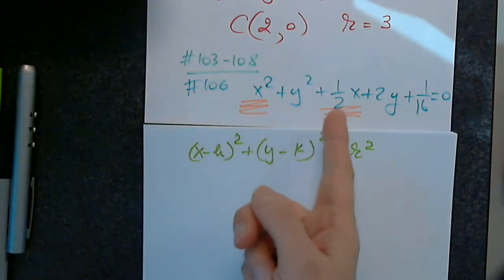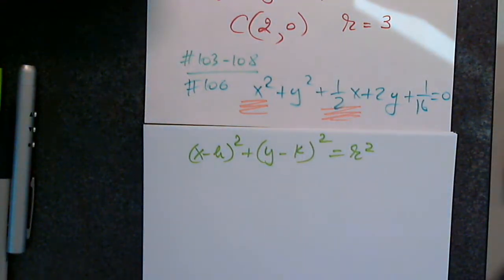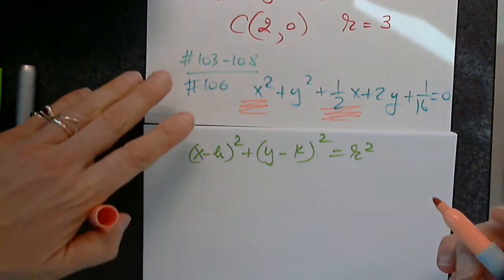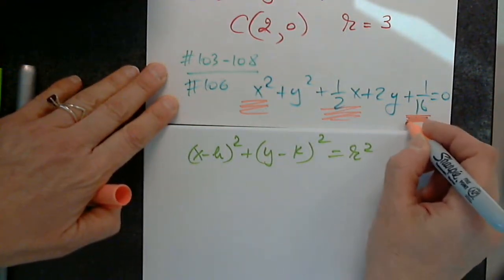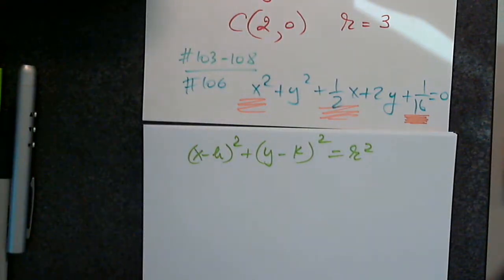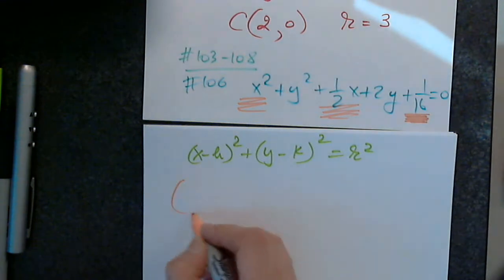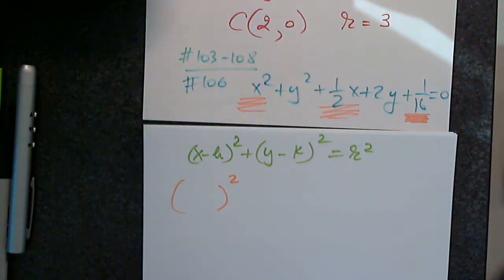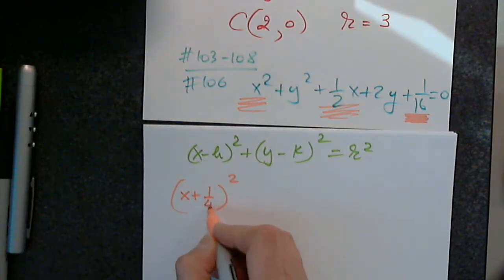So middle coefficient is 1/2. We divide 1/2 by 2, we get 1/4. We square 1/4. I already have it. So now these three terms are here. What's in here? x plus 1/4.